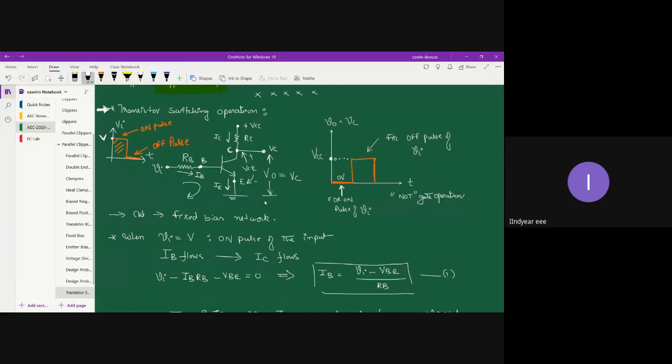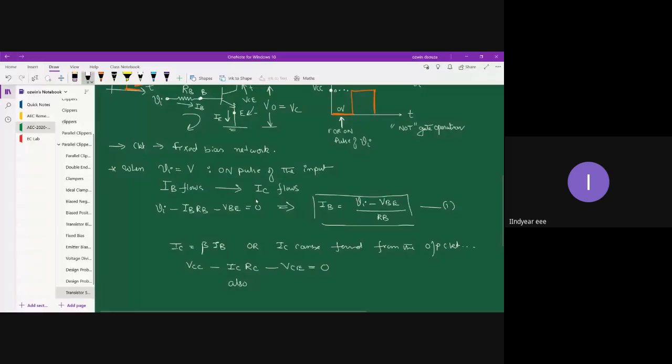Now if you observe closely, between collector and ground, what voltage is coming on the output side? Can anyone quickly tell me? V0 is VC, and VC is what? VCE plus VE.